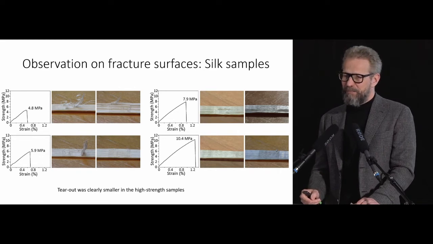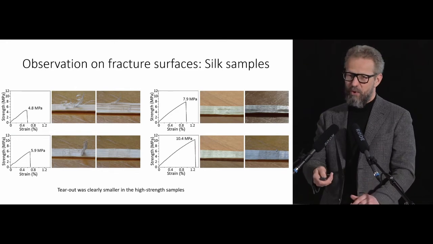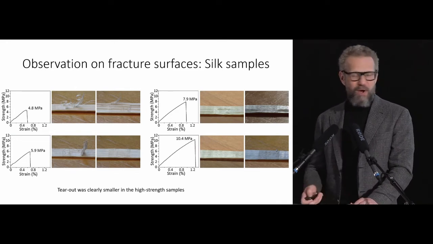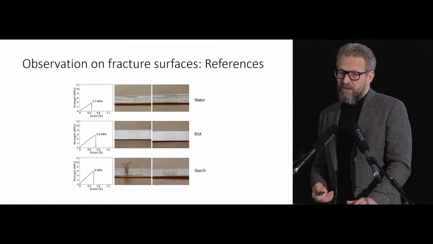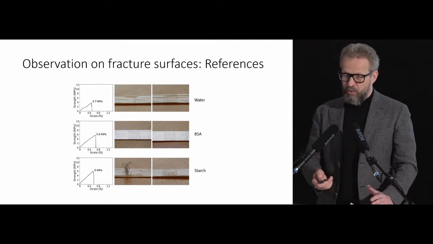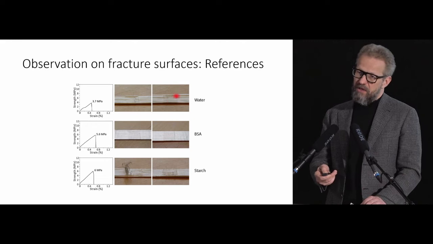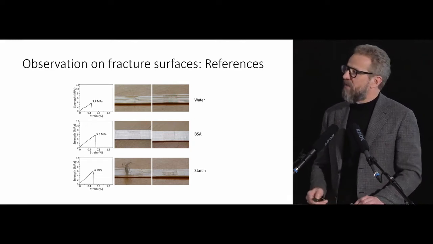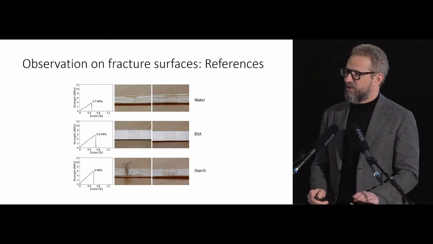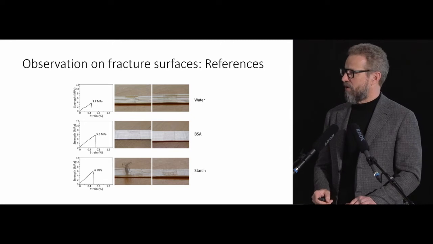It's initially counterintuitive, because you think if it takes a lot of energy to rip off structures, those would be the strong ones. But the ones with a large tear out were always weak. Looking at the references, with just water we saw intermediate tear out, a bit of cellulose coming off. BSA was always very clean in how it fractured, with no rip-off. And starch always had a lot of tear out.